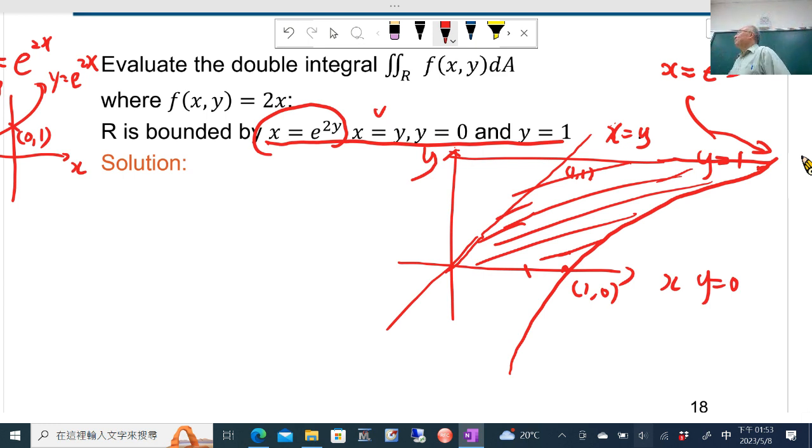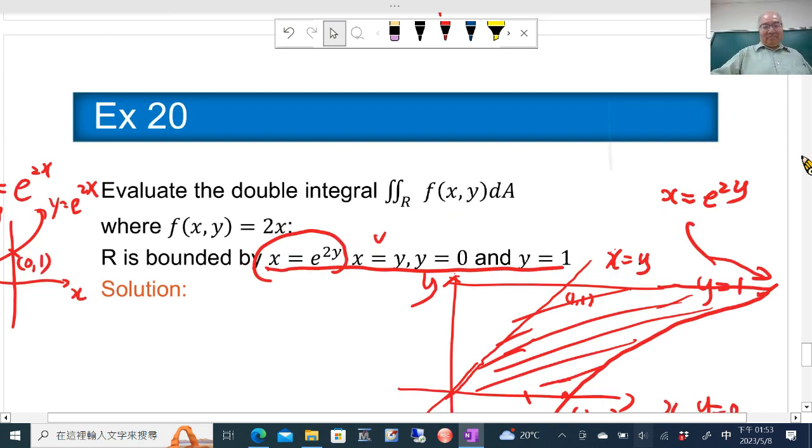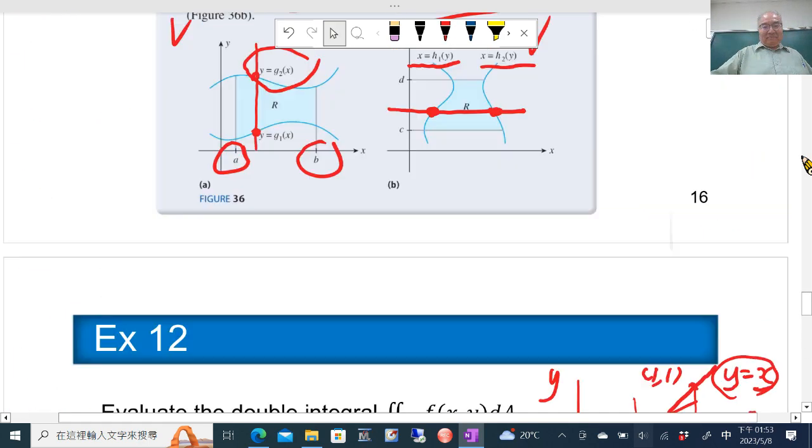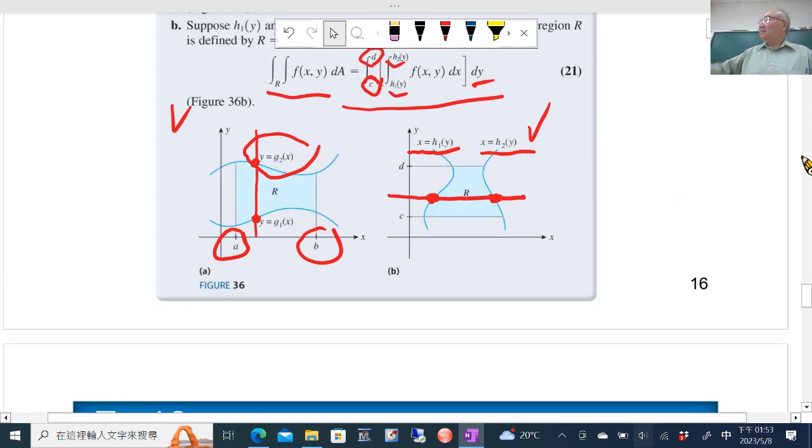Okay. Now, when you take a look on this region, it's obvious belongs to type 2, right? Okay, it's similar to the region on the right hand side.